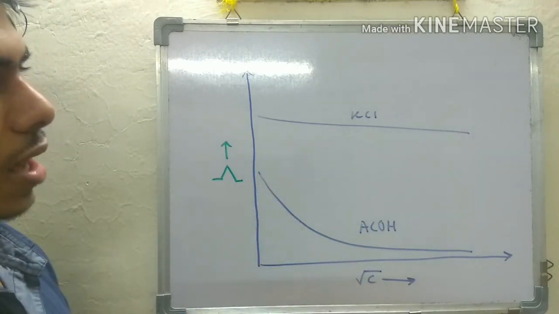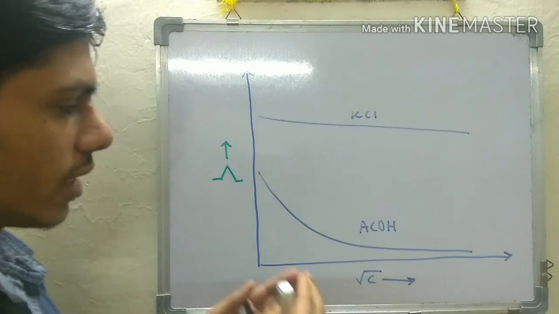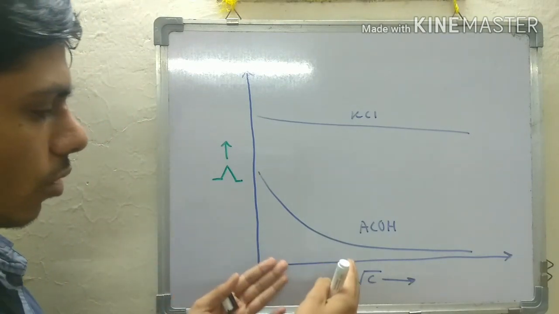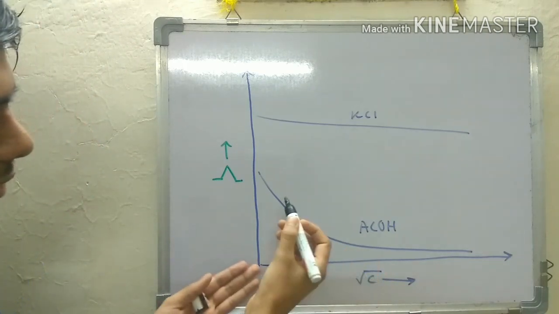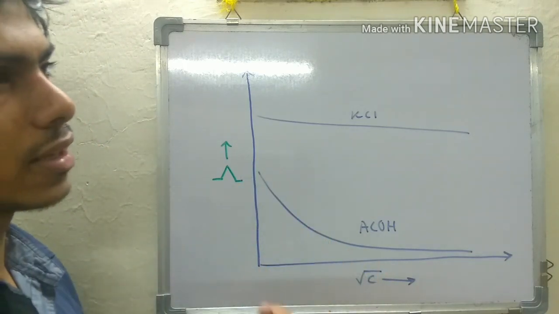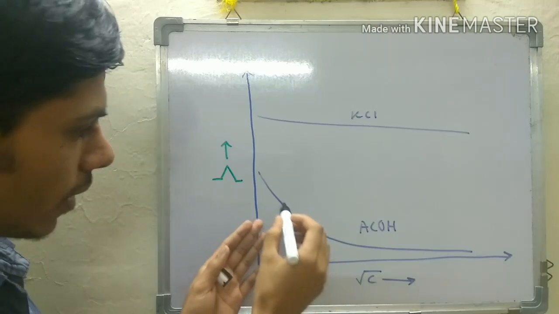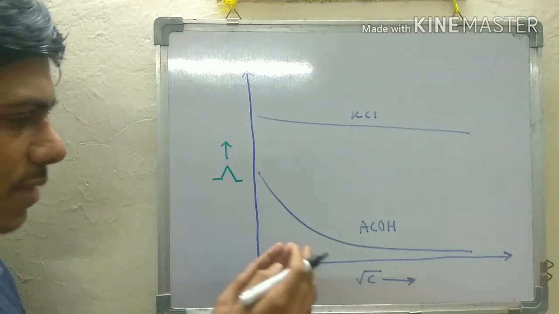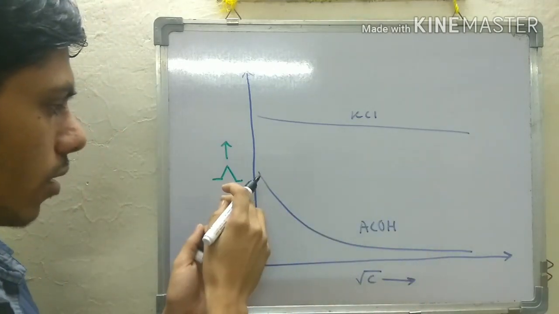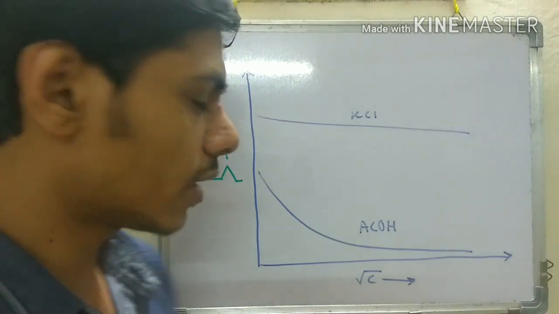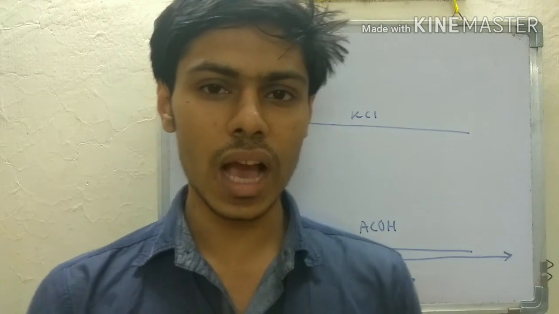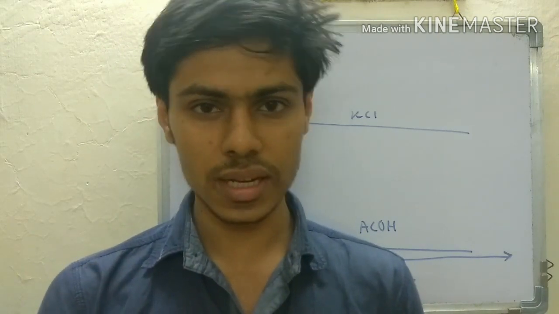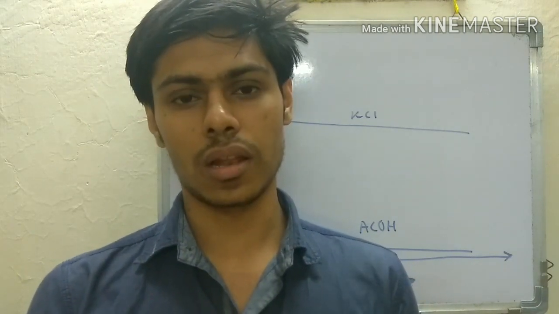That is, it is very sensitive to the decrease in your concentration, and you cannot predict this by a simple equation. But for a weak electrolyte, we explain this increase in conductance by saying that a weak electrolyte like acetic acid is only very slightly dissociated at large concentration.